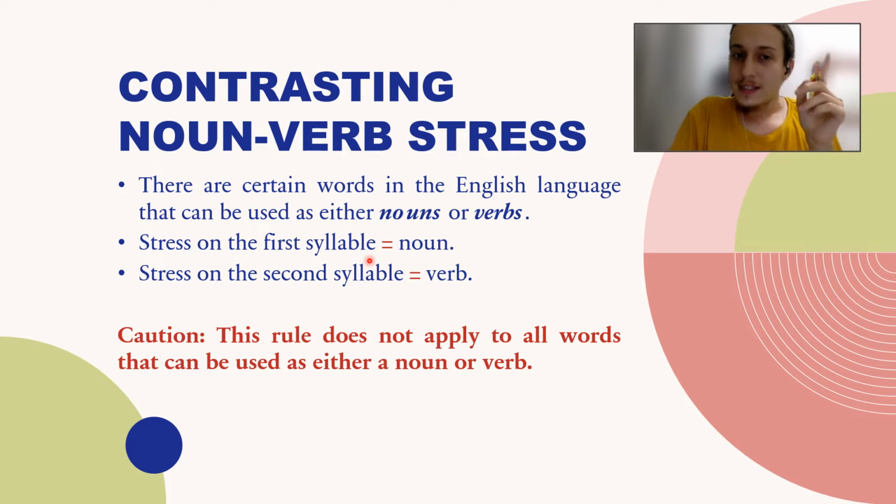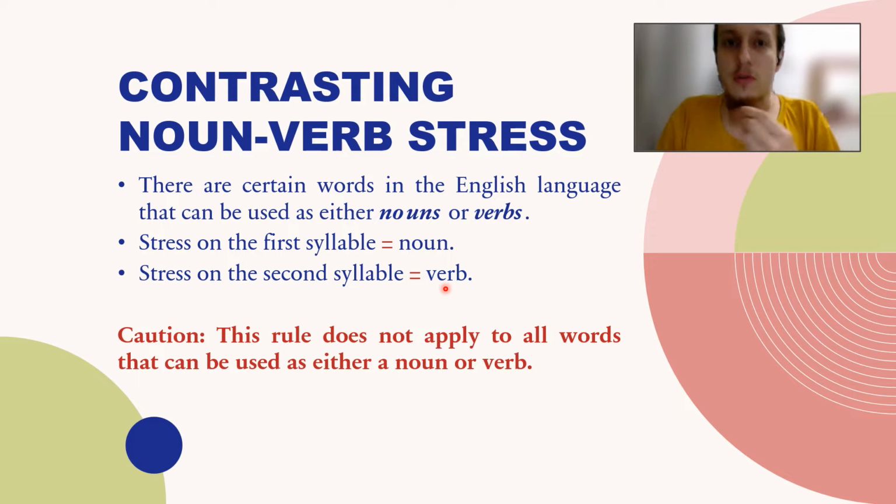If the stress is in the first syllable, it's going to be a noun. A stress on the first syllable equals a noun. But if the stress is on the second or the last syllable, it's going to be a verb. A stress on the second syllable or the final syllable equals a verb.